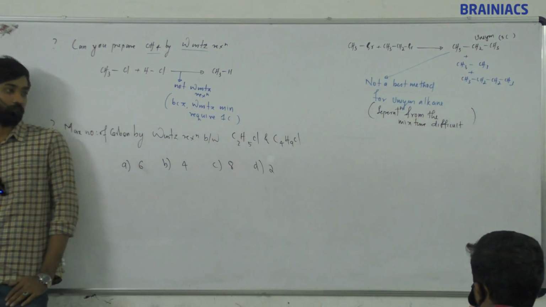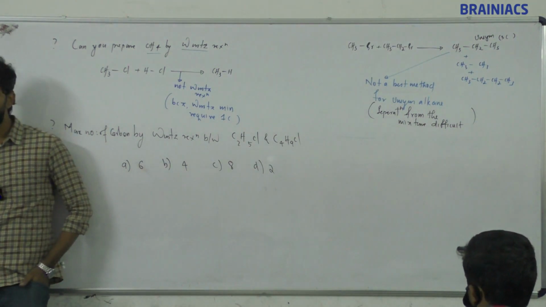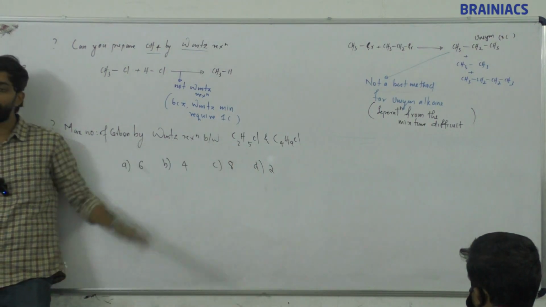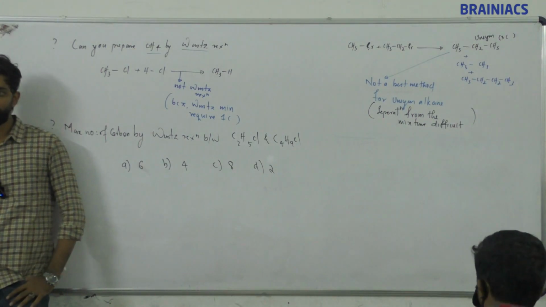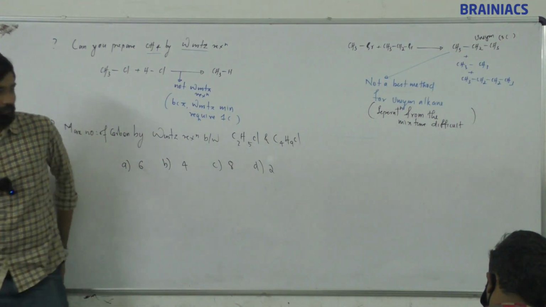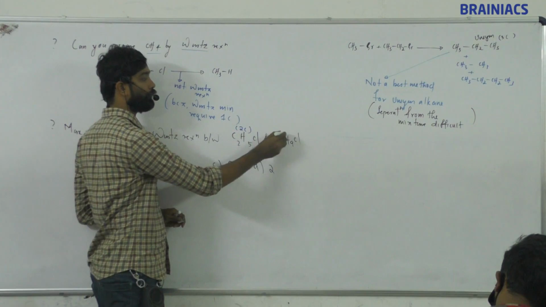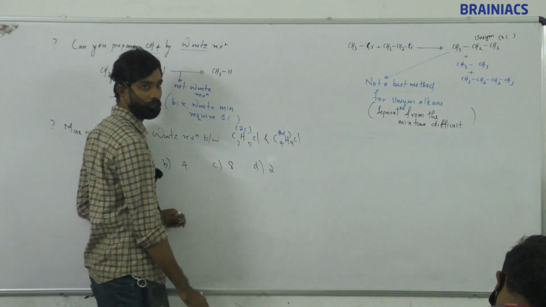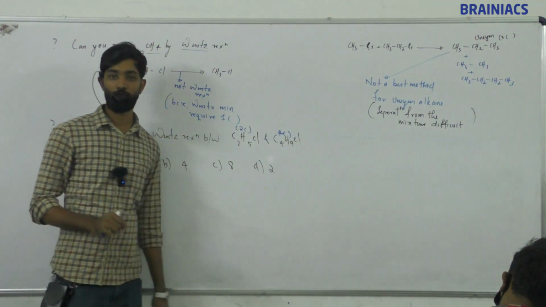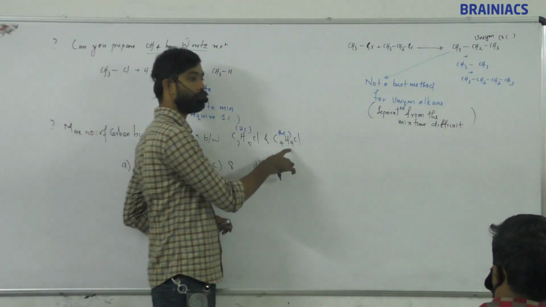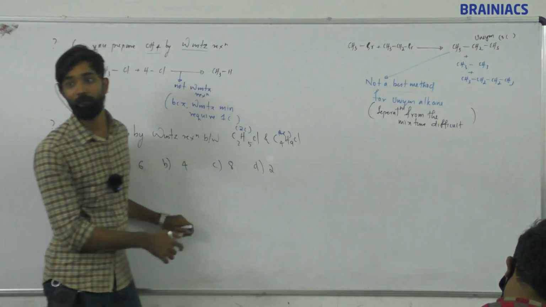What is the question? What is the maximum number of carbon by a Wurtz reaction between C2H5Cl and C4H9Cl? 8, not 6. Okay, this is actually a crossed Wurtz reaction. Agreed? This one has 2 carbon, this 4 carbon. You have to consider 3 possibilities here. If you consider 3 possibilities here, then there is a chance for the coupling of these two, and it leads to 8 carbon. So that will be the maximum.